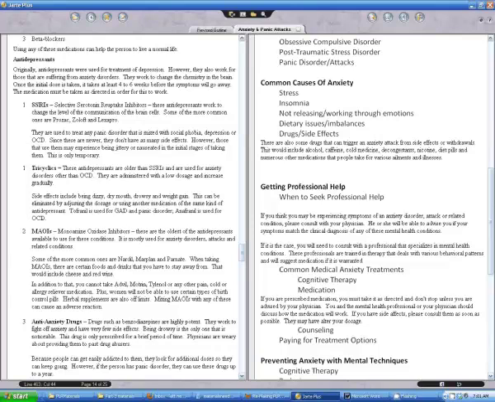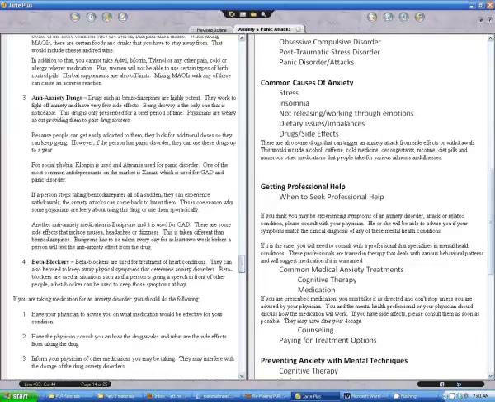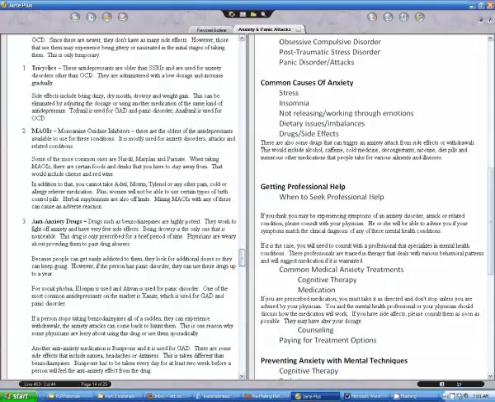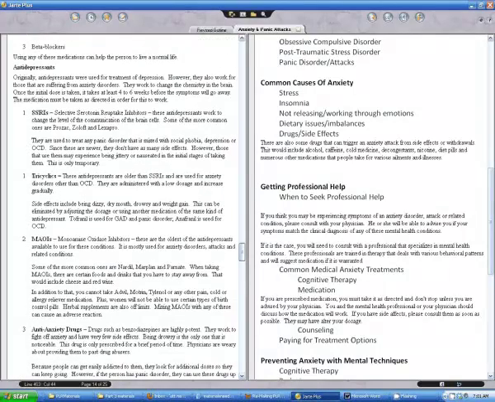So we have antidepressants, anti-anxiety drugs, and beta blockers. So there's a lot of information here about what types of drugs there are, and you really have a couple of choices here, depending on how in detail you want to get about medical anxiety treatments with medication.